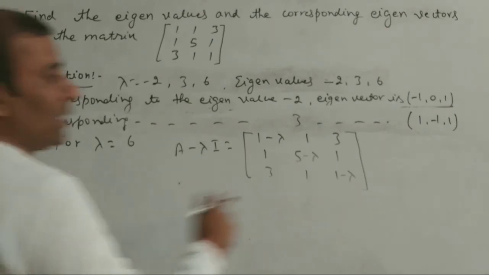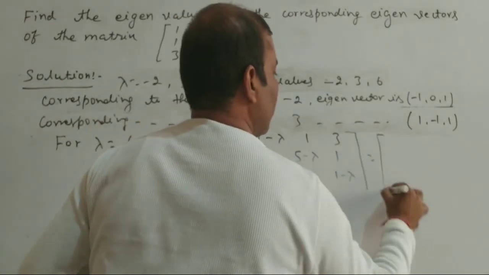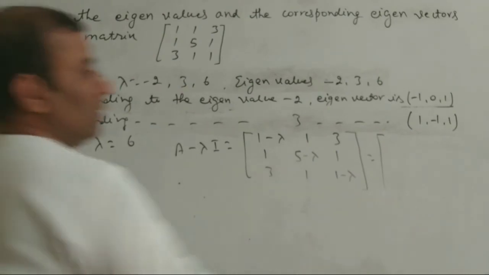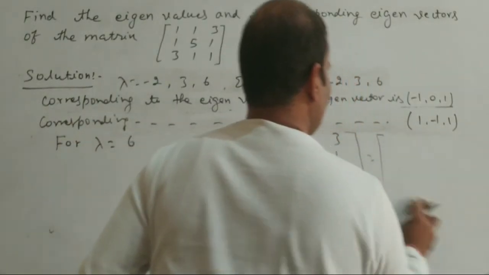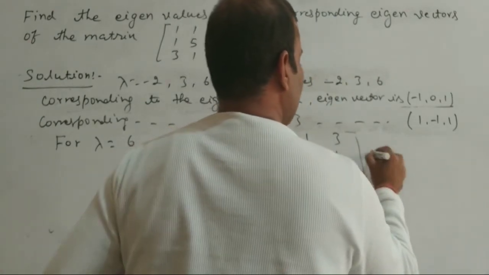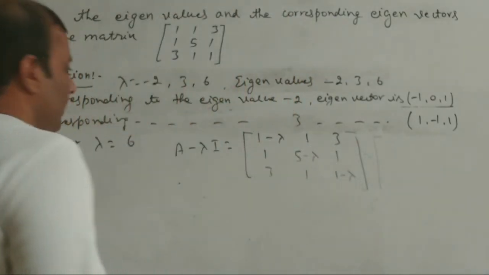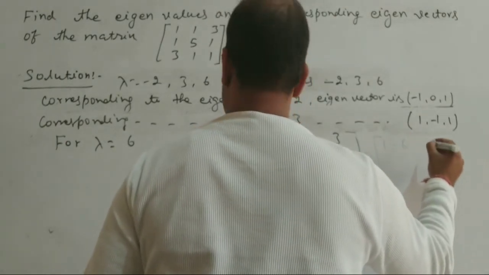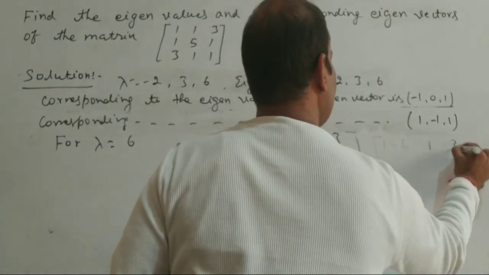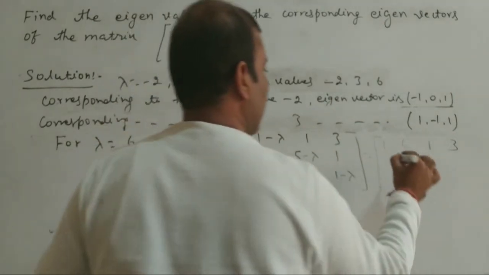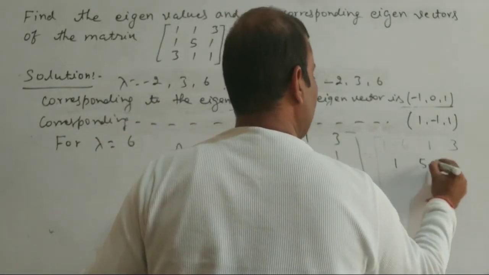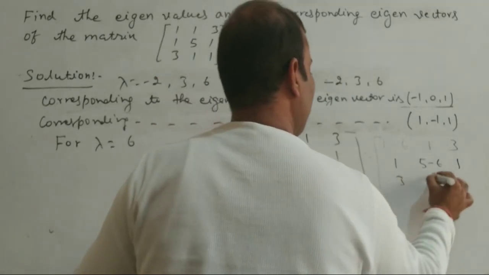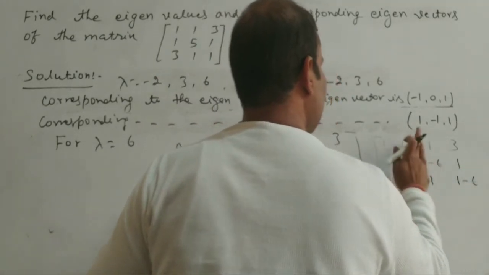So it becomes 1 minus 6, 1, 3; 1, 5 minus 6, 1; and 3, 1, 1 minus 6.